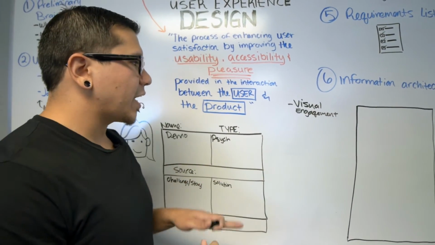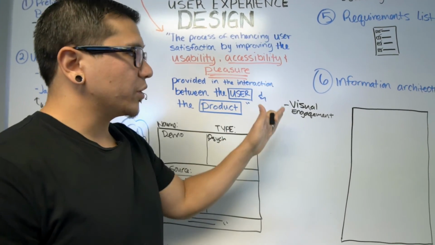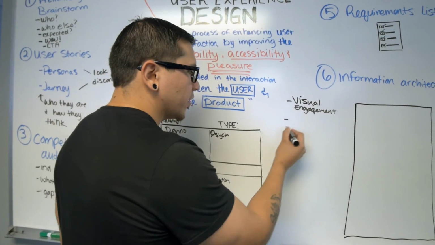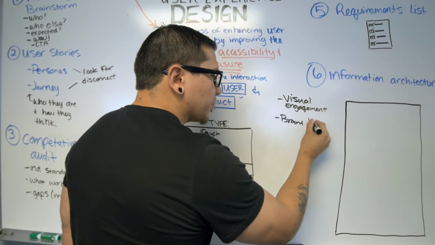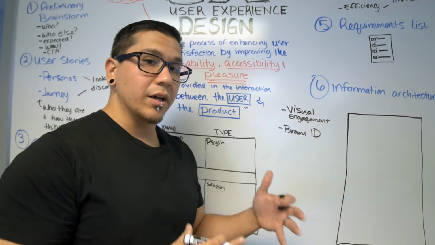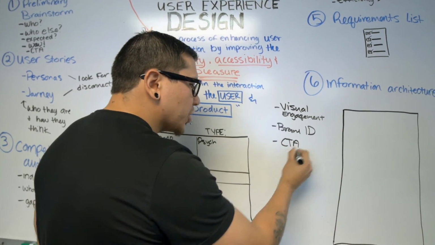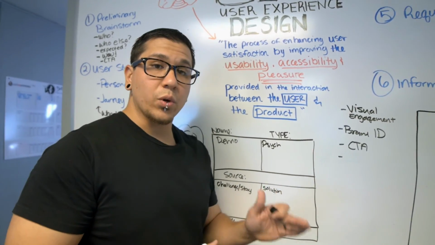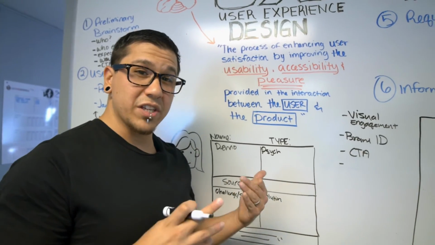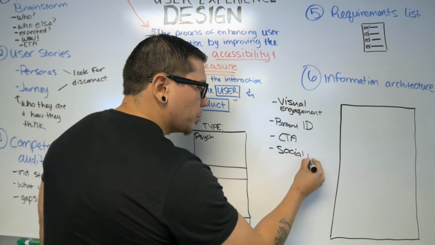Also, we found out that Sally had a hard time figuring out who we are when she went to our landing page, and so we want to have brand identification be prominent on a landing page. We also might need to have a clear call to action. Maybe Sally is leery or cautious about working with brands that don't have experience, and so she wants social proof.